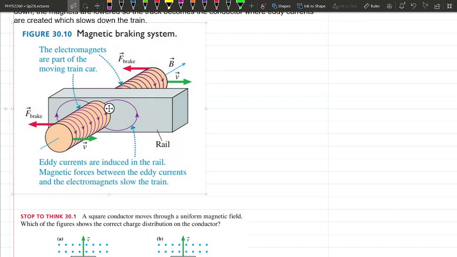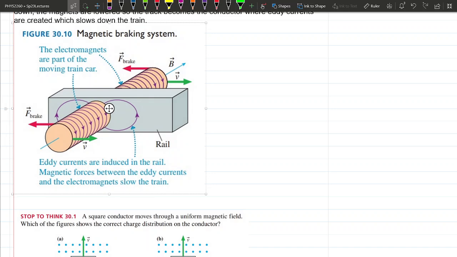So this is actually a similar effect to what we just talked about, in the train magnetic braking situation, where you have a train, right? And the train is holding the magnet, and you're moving relative to the tracks. But this is the same idea where you have the magnet moving relative to the track, right? And it's actually braking, and the way it's braking is by offsetting some of the forces from gravity.